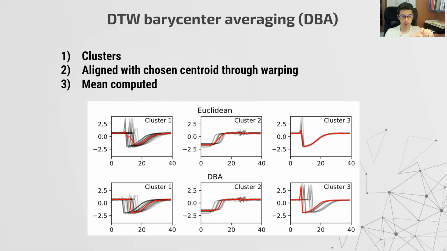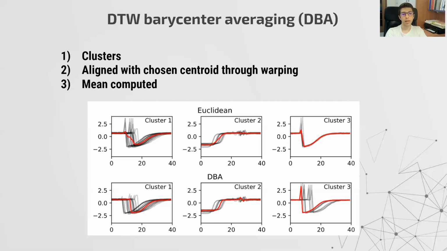So let's see the example. It is easier. Let's consider the Euclidean mean. In cluster 1, if we evaluate the Euclidean mean, we completely delete the spike that we have after the first part, because we are doing the mean of all different points in the range between 10 and 20 on the time axis.